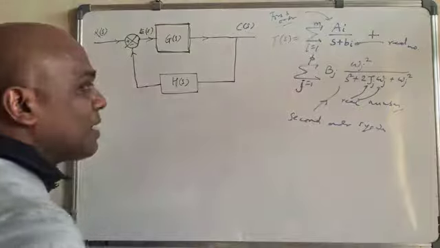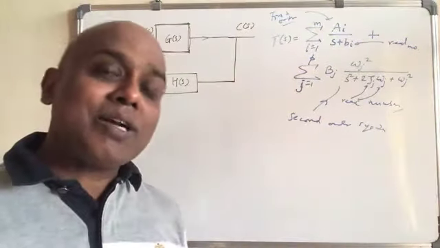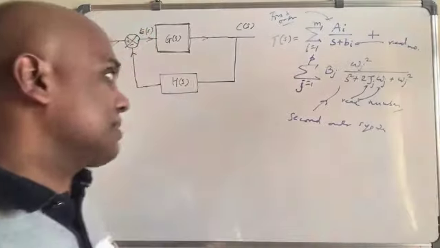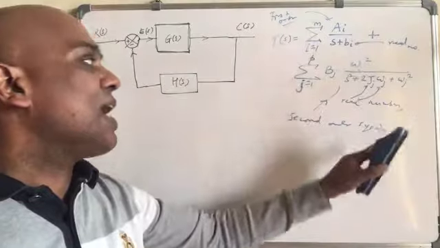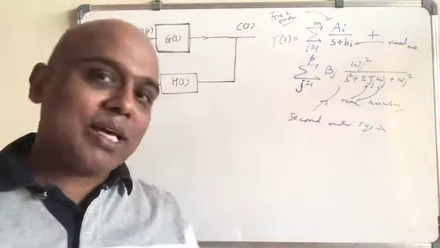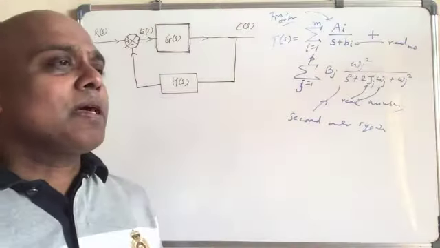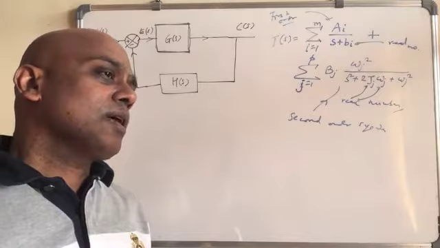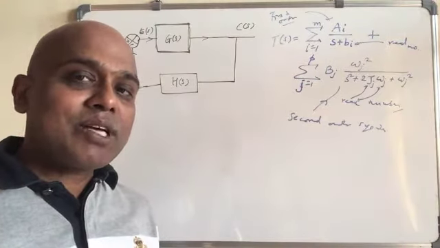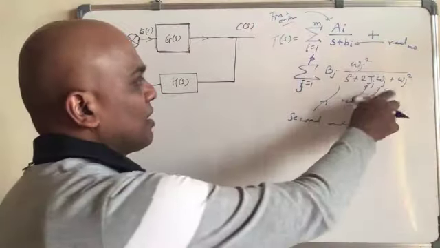So what we see is that a higher order system becomes a combination of first order and second order systems. We can have it like this. Since your course is limited to first order and second order systems only, we will not go beyond.